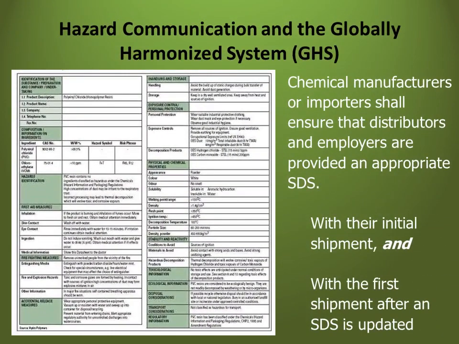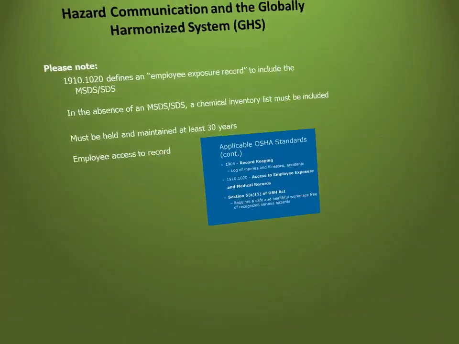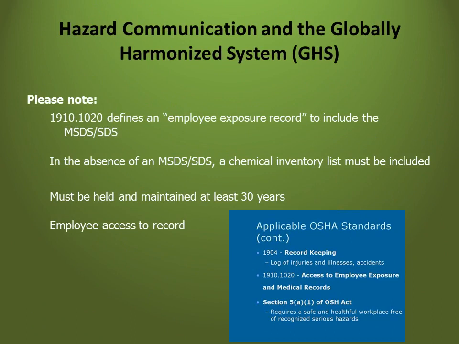Chemical manufacturers or importers shall ensure that distributors and employers are provided an appropriate SDS with their initial shipment and with the first shipment after an SDS is updated. Please note, OSHA Standard 1910.1020 defines an employee exposure record to include the MSDS/SDS.